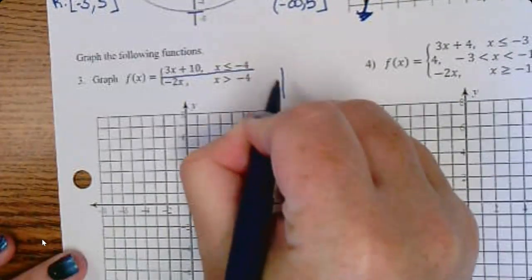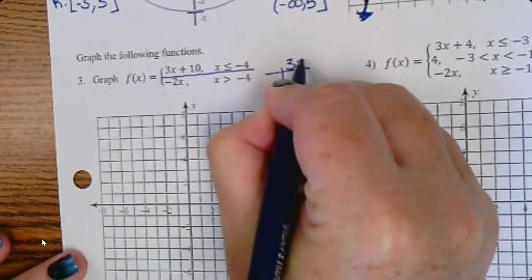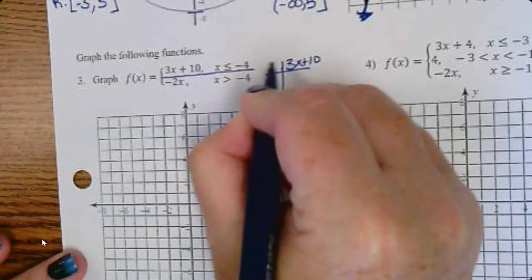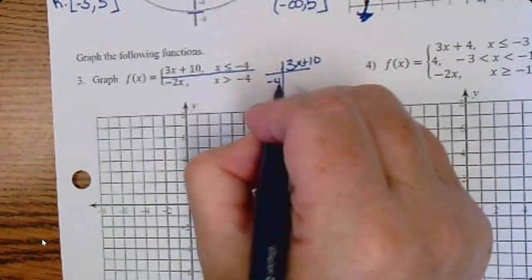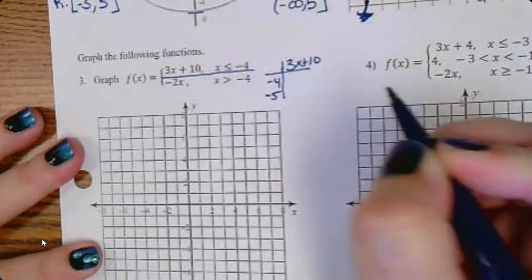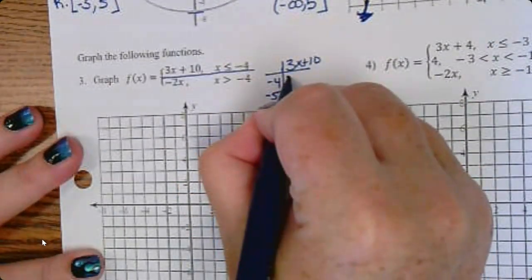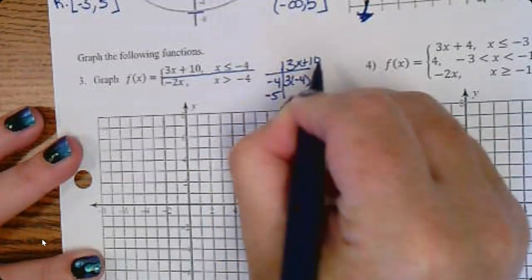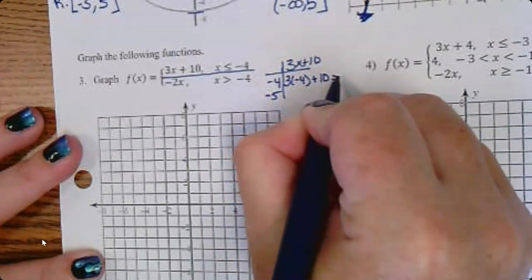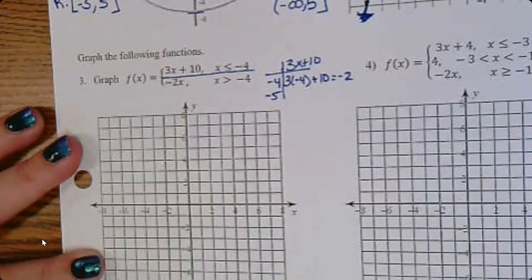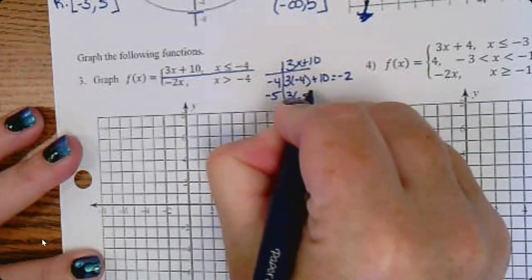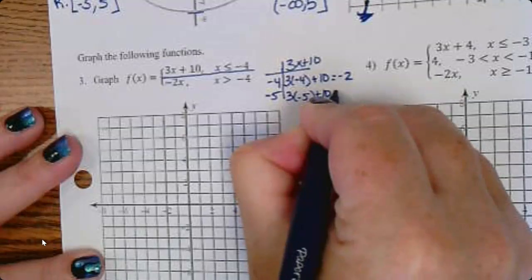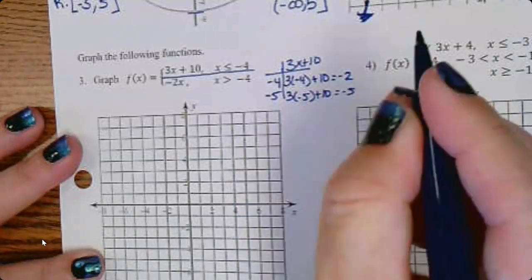Let's see. So number 3 is 3x plus 10. We're going to use negative 4, and I need a number less than negative 4. So negative 5. Okay, so you're going to do 3 times negative 4 plus 10 is negative 2. And 3 times negative 5 plus 10 is negative 5.